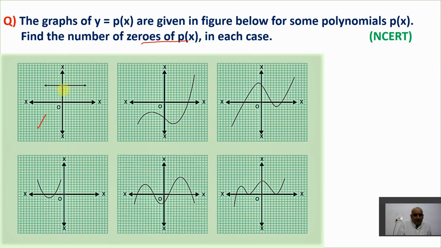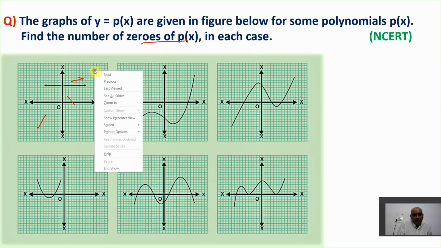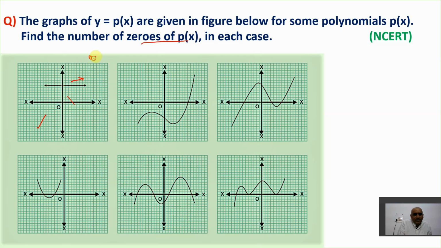You can see there is no point touching the x-axis, because the line goes parallel to the x-axis but does not cross it anywhere. So if it does not touch the x-axis, there will be no zero, and the degree will become 0, and there will be no zeros of the polynomial. I hope you get this point.